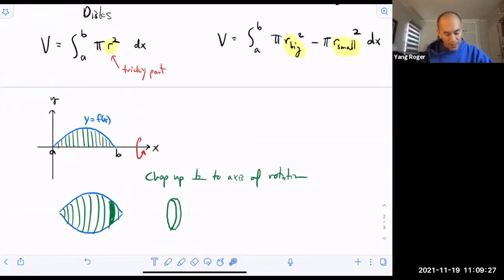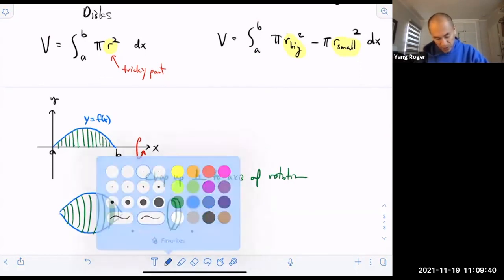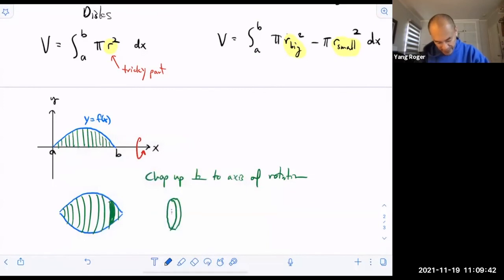And what would r be? R would be the length of this distance from the x-axis to the curve. So in this particular case, if I were to look at the radius of this guy right here, the radius is actually equal to just f of x.